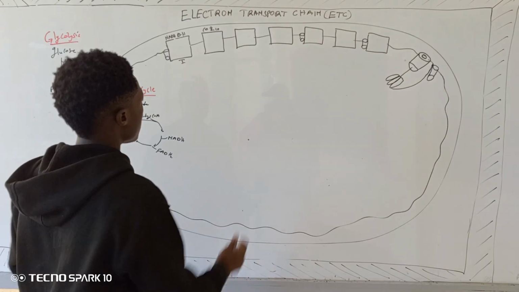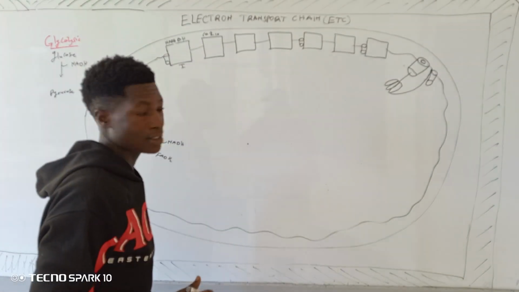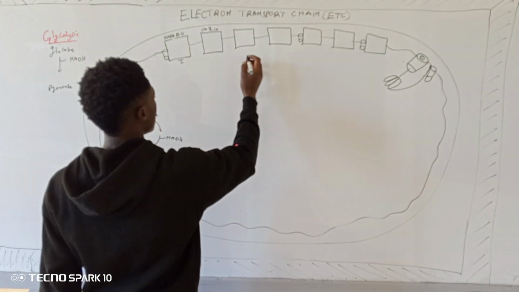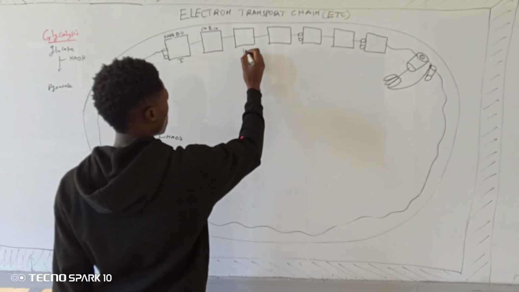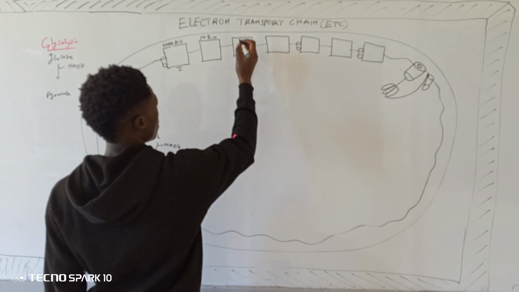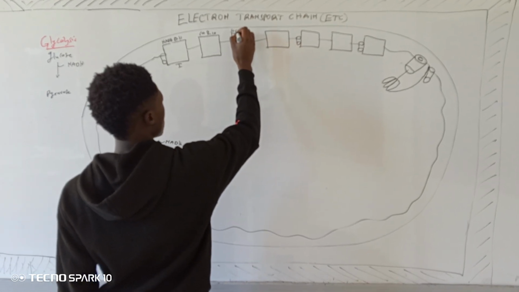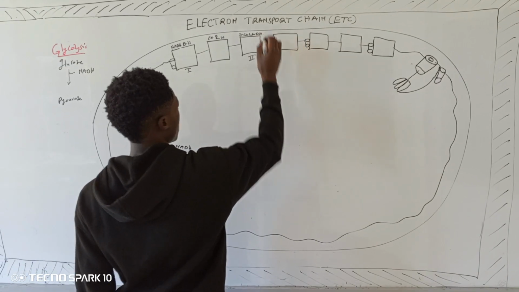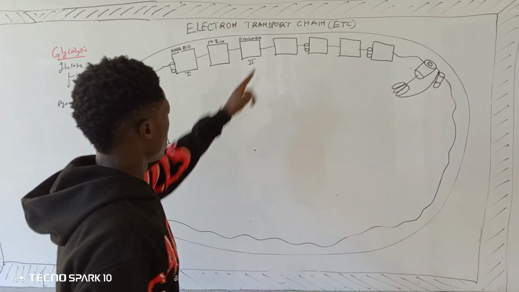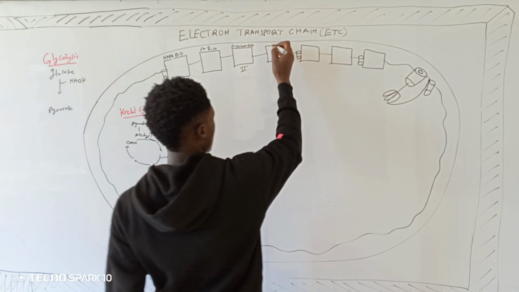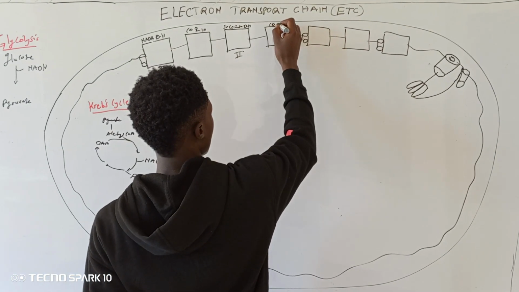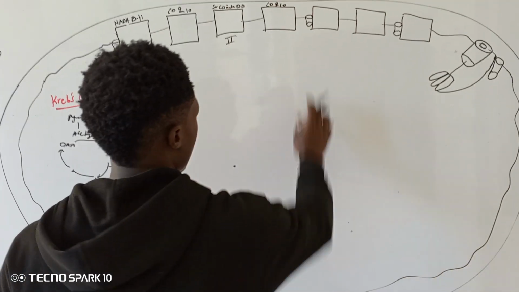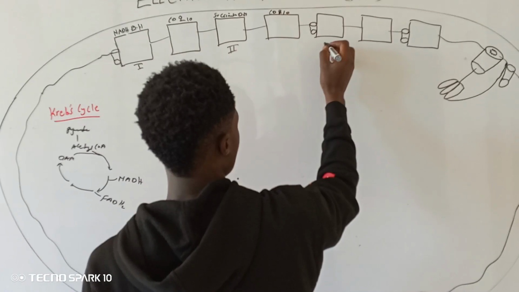Then this one is called succinate dehydrogenase, or you can just call it complex 2. Then this is another coenzyme Q, another coenzyme Q10.